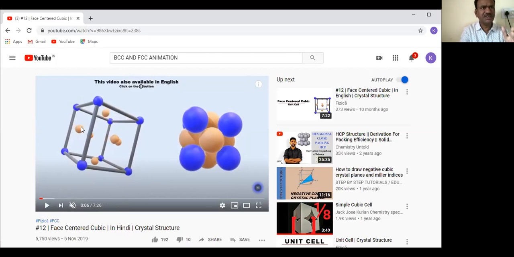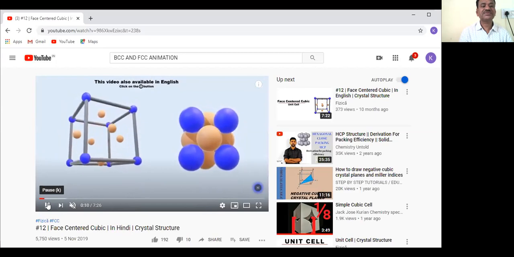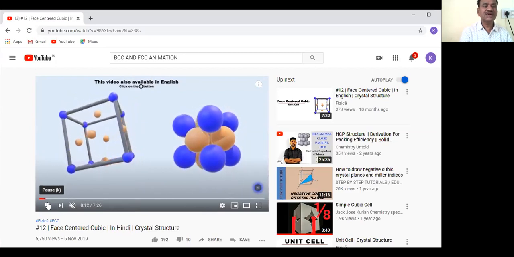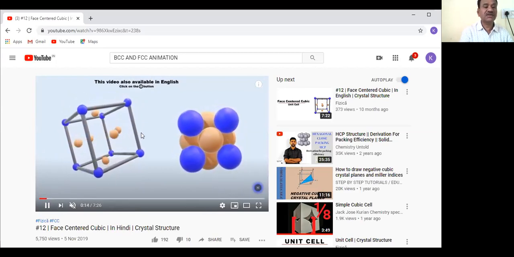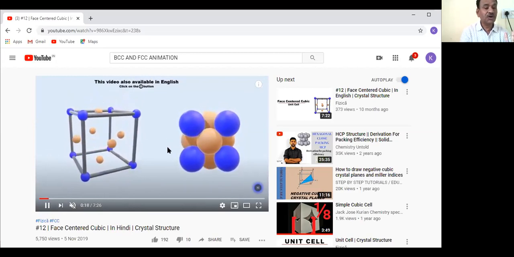Imagine your textbook: there are totally 6 faces. 1, 2, 3, 4, behind that 5, and here 6. Apart from the corners, in each face at the center, one atom is present.